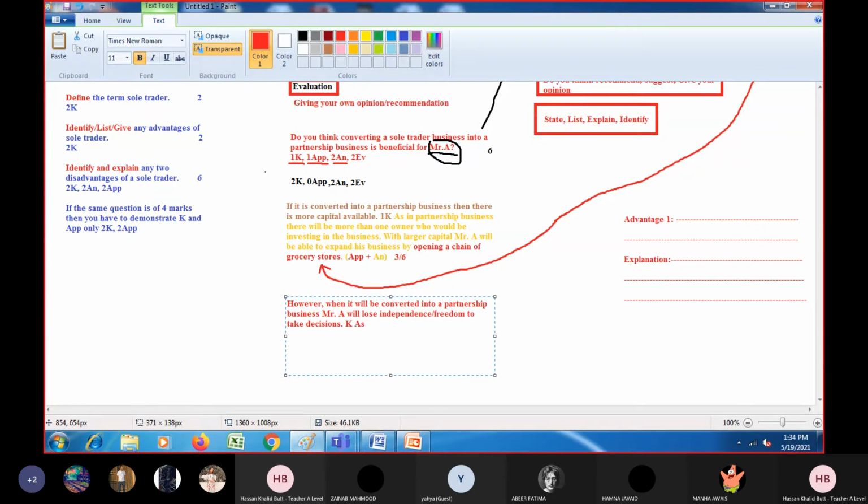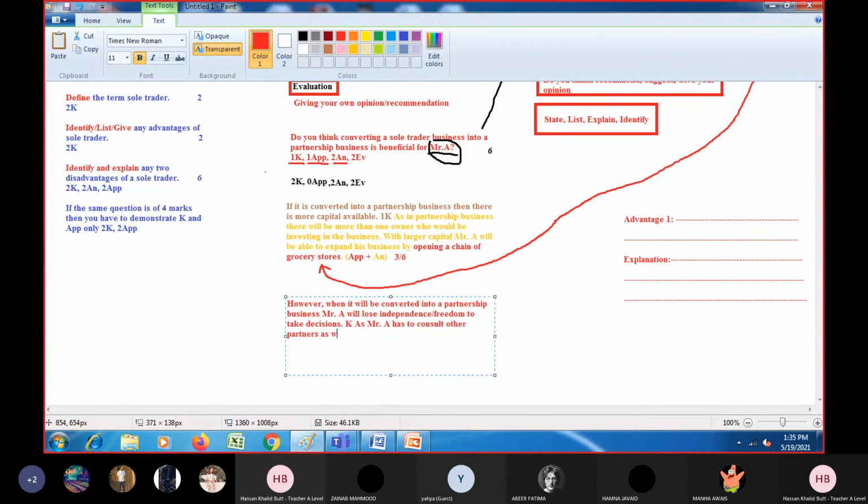As Mr. A has to consult other co-owners as well, or rather you can write other partners, because in a partnership the owners are called partners.